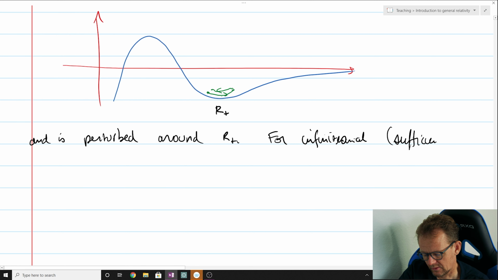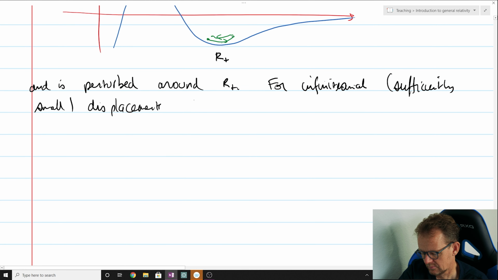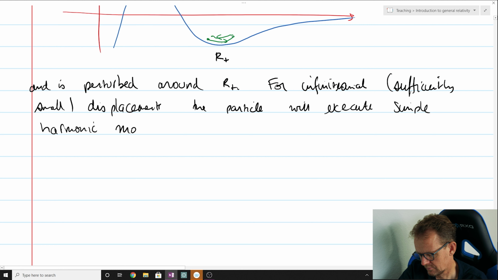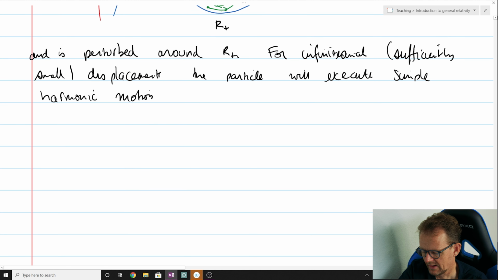So we're going to look at some sufficiently small displacements where the cubic corrections can be neglected, and then the particle will execute simple harmonic motion because it's a quadratic potential. And what's the frequency?